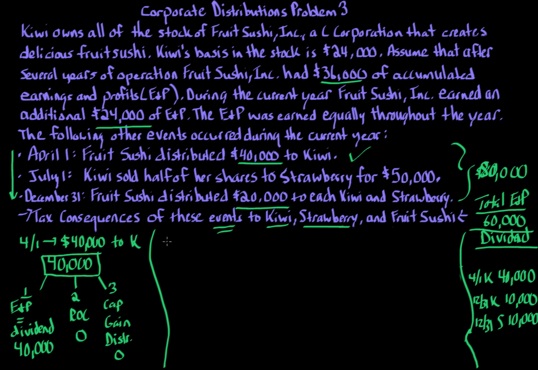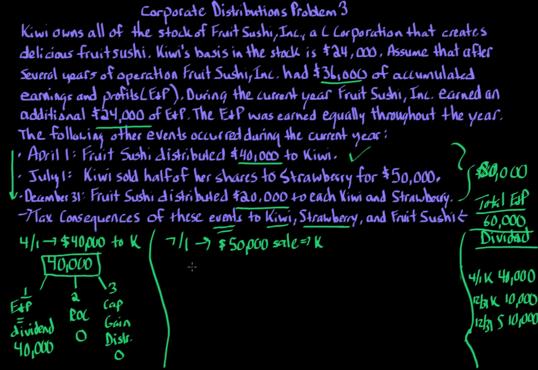So on July 1st, that is 7/1, Kiwi sells half of her shares to Strawberry for $50,000. So we have a $50,000 sale, and that's with respect to Kiwi.